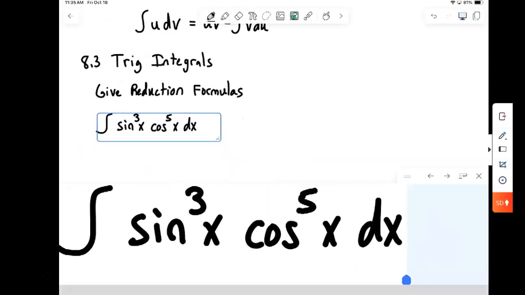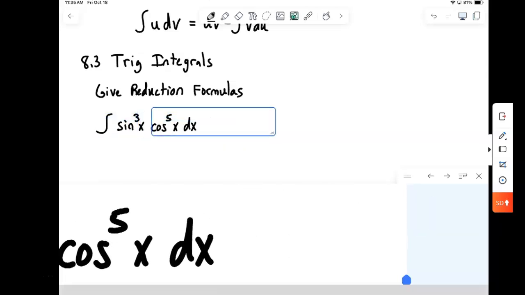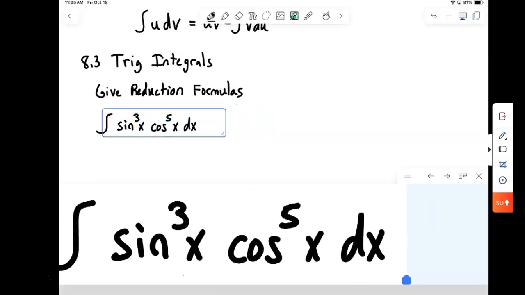Remember, if we have an odd power on sine or cosine, then what we want to do is strip one of those off to go with the dx. So here I can do that with either one. Since cosine's a bigger power, that's going to leave more stuff left over.